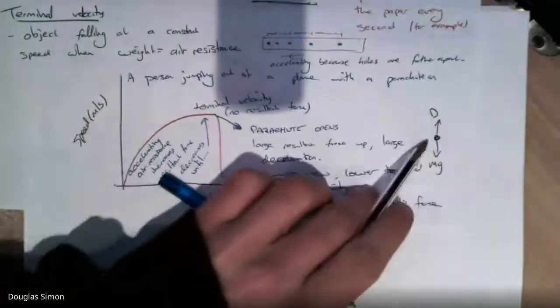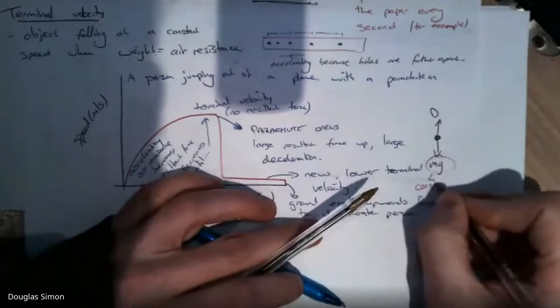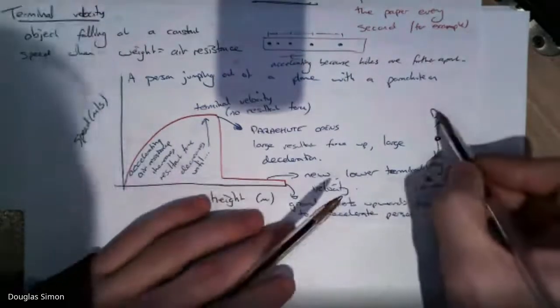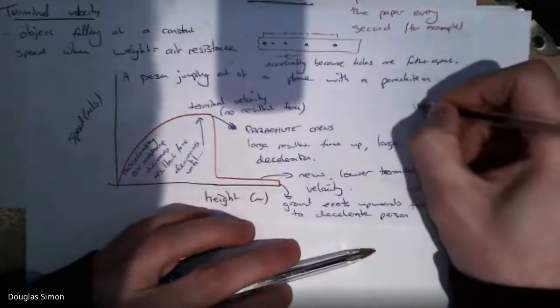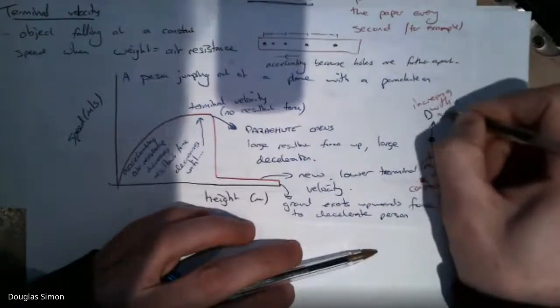So this is the diagram of the person. The weight is constant. You can't change your weight when you're in the air. And D is the drag or the air resistance, which increases with speed.